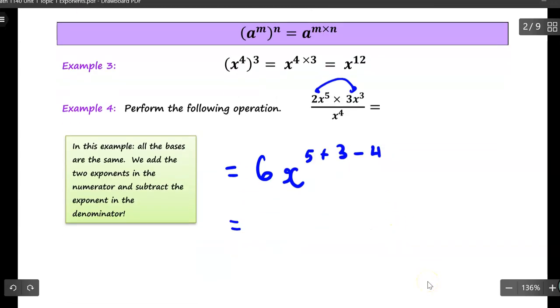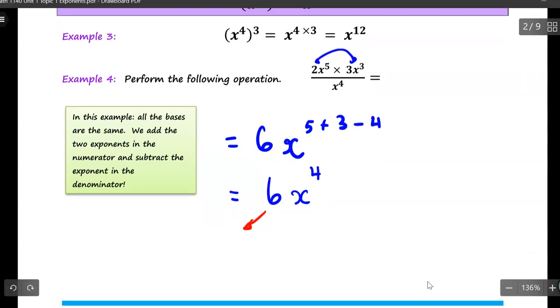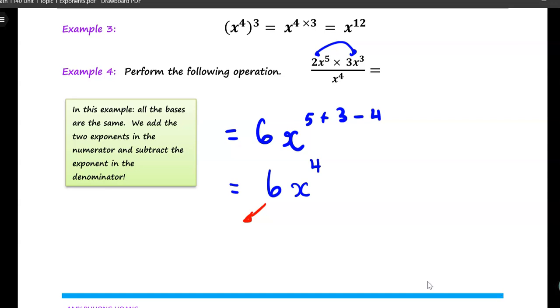So I will have 6x raised to the exponent 4 as the final answer. I want to remind everyone, you need to remember this term in order to answer questions on the assignment. 6 is called the coefficient.